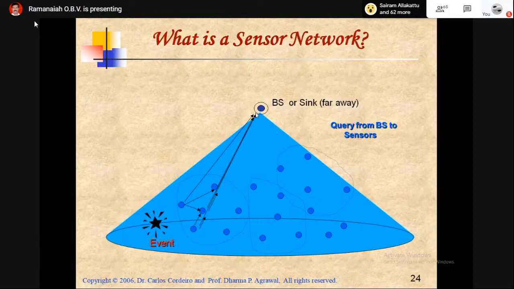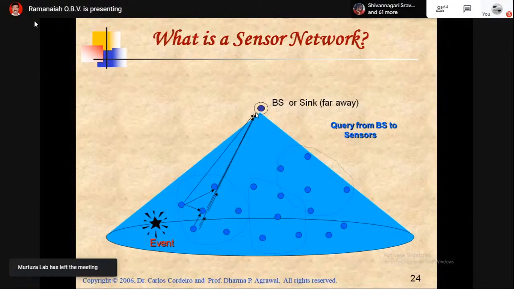That is, a group of nodes in a particular area form one cluster and elect a cluster head dynamically. At time t1, one node is cluster head, at time t2 some other node may act as cluster head, for energy saving. If a node continues to be cluster head, it gets drained out quickly and soon it dies. To avoid that situation, the cluster headship is rotated among all the members of the cluster.